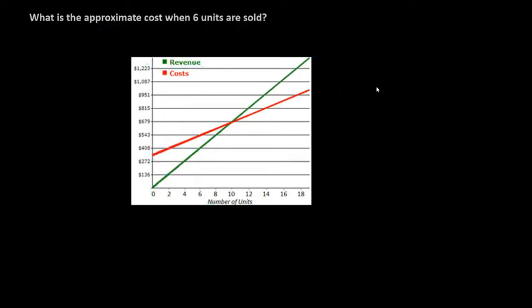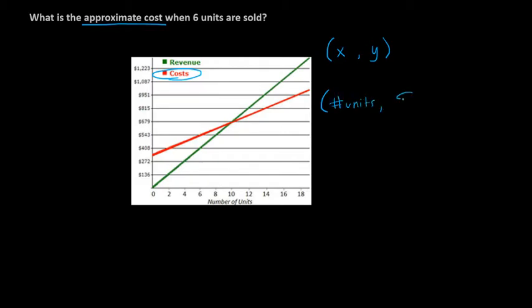Okay, let's look at another example. Same graph, but what if this time they asked you to find the approximate cost when 6 units are sold? Well, we would take a similar approach. We know that cost is our graph in red, so they are asking us to look at 6 units and determine the y value. Basically, every ordered pair x, y on this graph, x is the number of units, right?